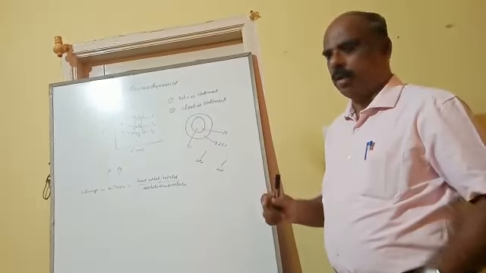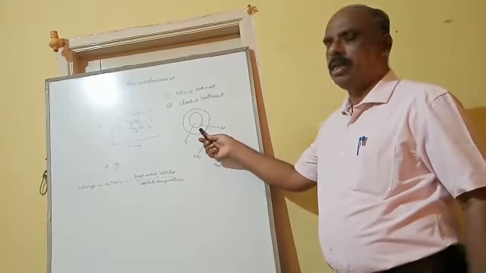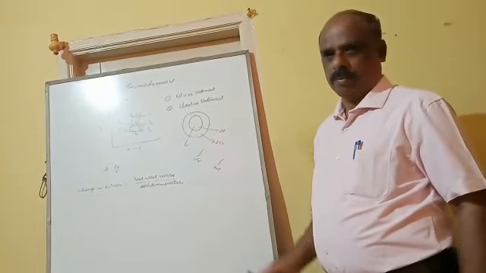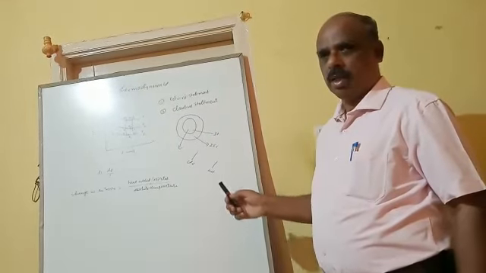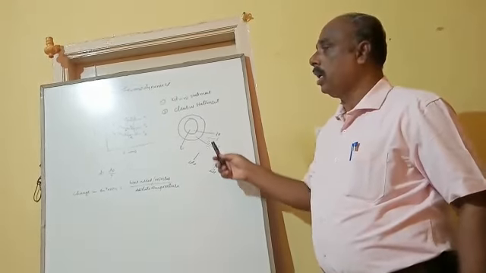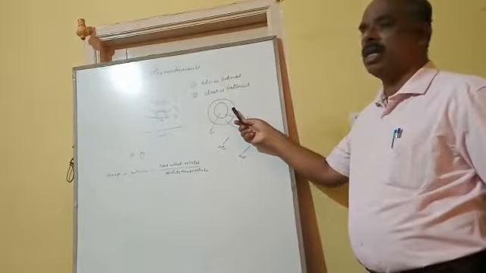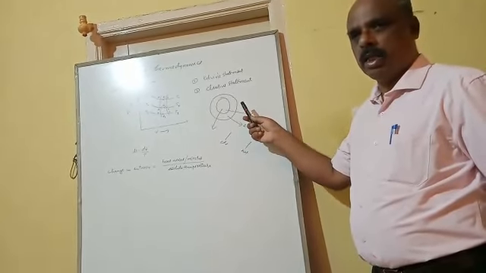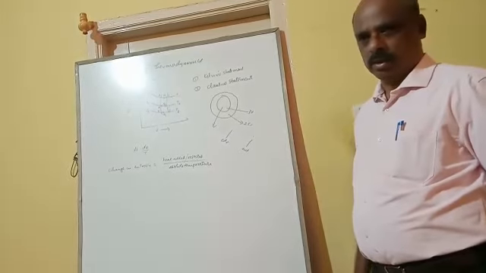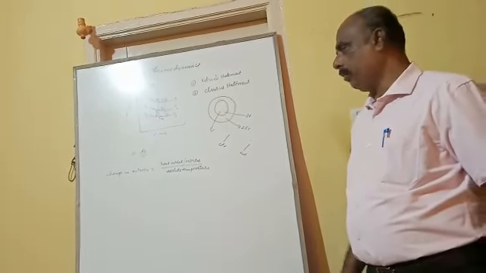At that time, you cannot get work continuously from that. So that is Kelvin's statement. I would like to say it once again: it is impossible to get continuous work by cooling the body lower than the surroundings. Try to learn that very clearly.